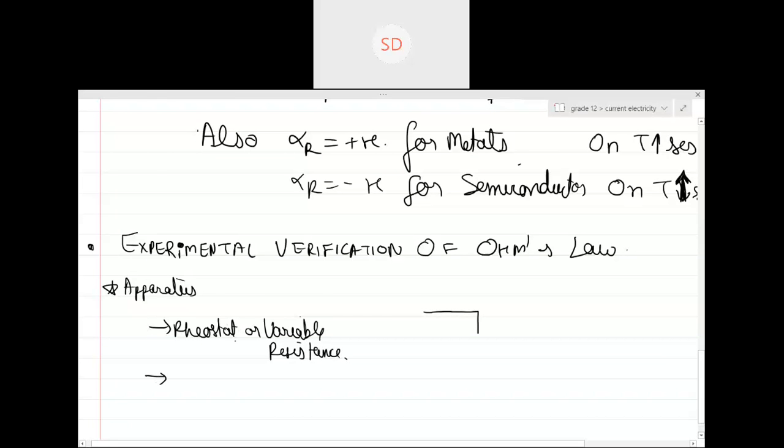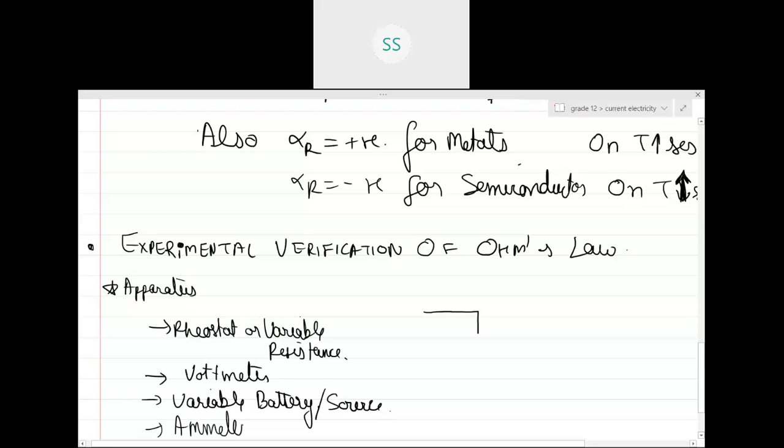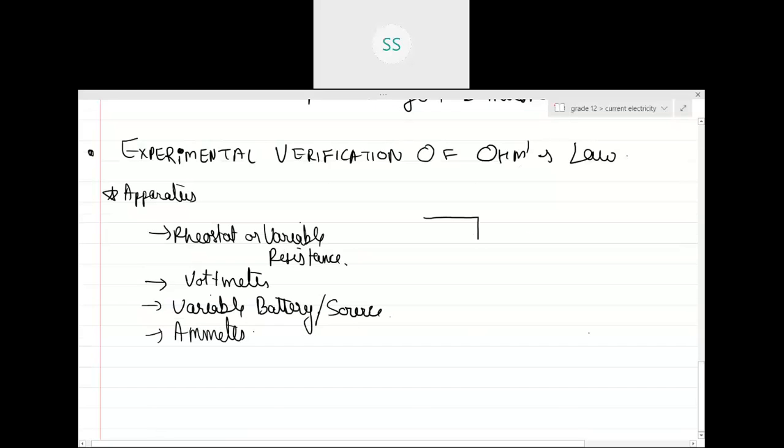The resistance of this device can be varied by changing the length of that device. A voltmeter is required. A variable battery is required. What is a variable battery? The potential difference or the voltage can be regulated in this thing. An ammeter, some connecting wires, and a switch.